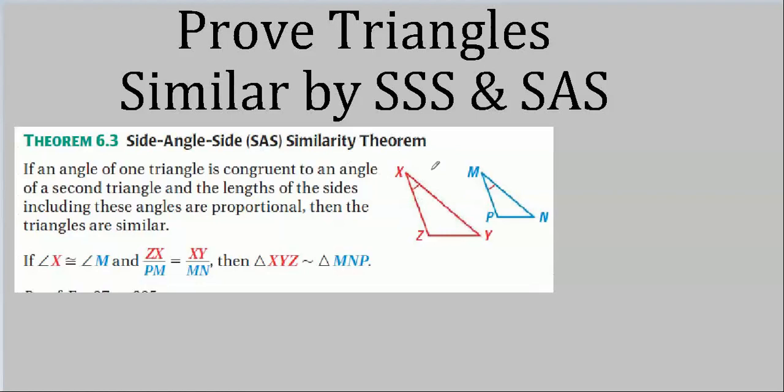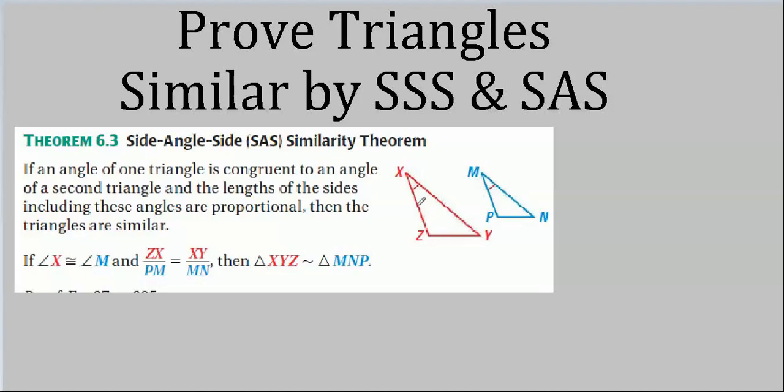In this case, if the two sides are in the same proportion, that is, the ratio of XC to MP is the same as the ratio of XP to MN, and these included angles are congruent, then these two triangles are similar.